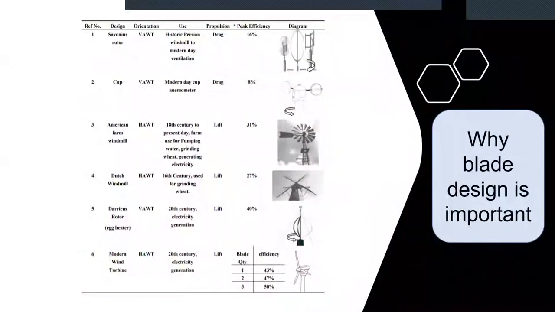Why this blade design is important can be surely seen from this slide. We can see that at first, when we started harnessing the wind energy, the peak efficiency was only 16%, and now in the 20th century, the HAWT can produce 50% efficiency.